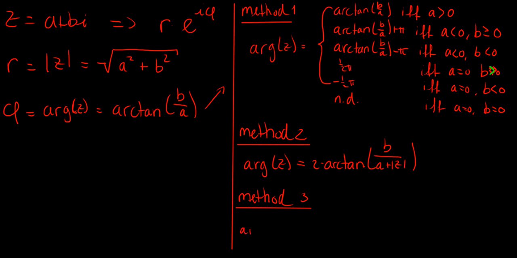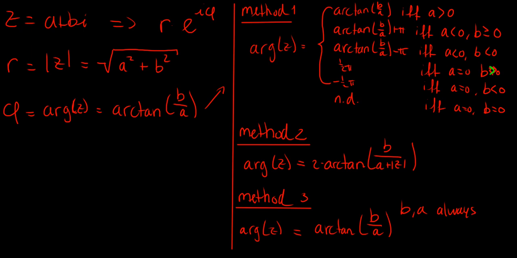If we want to calculate the argument, you always take the arctangent of b divided by a, but always take them positive. So always take b and a positive.